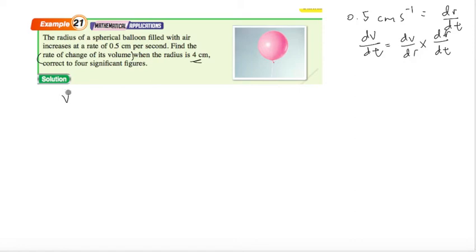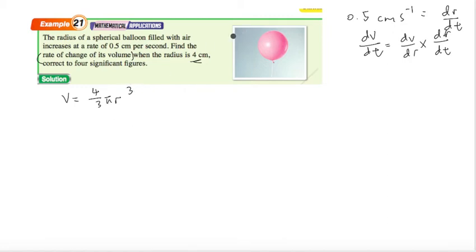Before dV dr, V equals, the volume of the sphere. What is the formula for this? V is the volume of the sphere, 4 over 3 pi r cube.